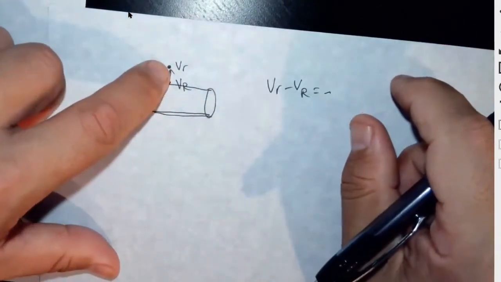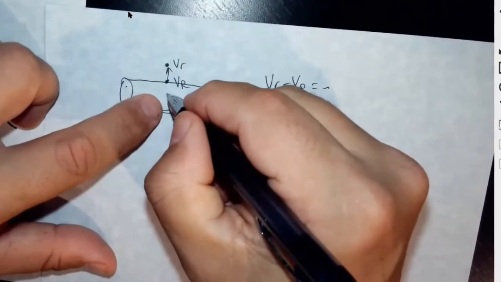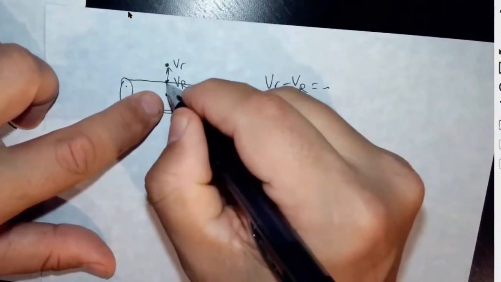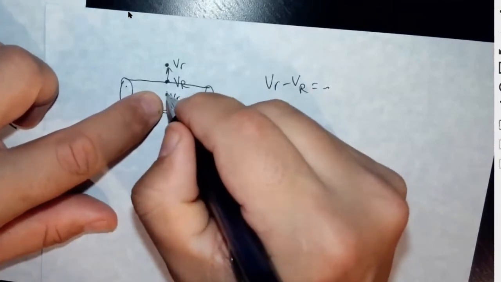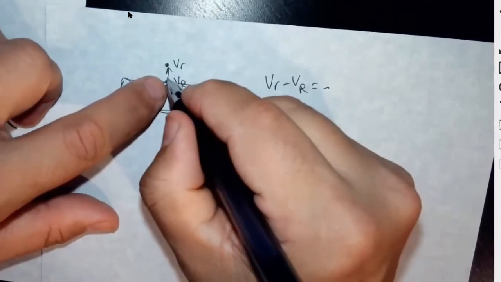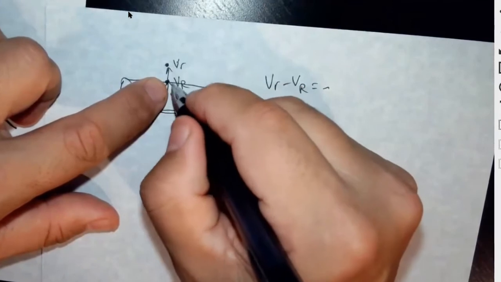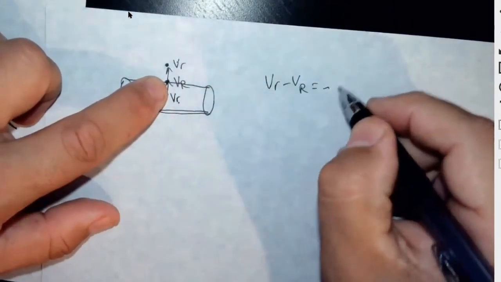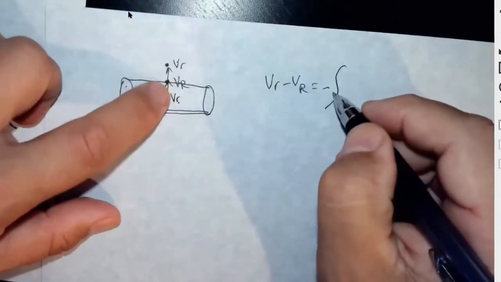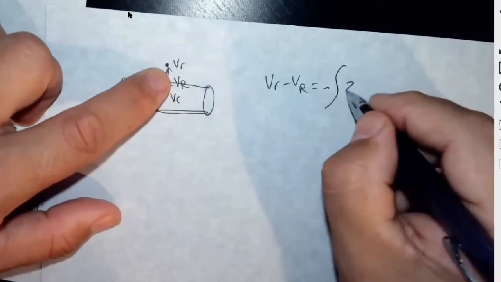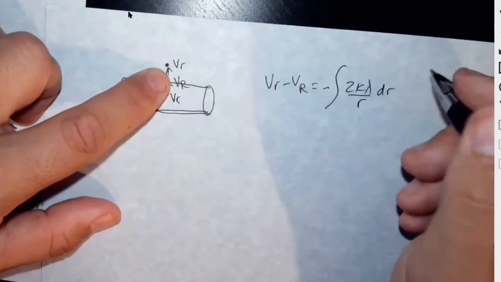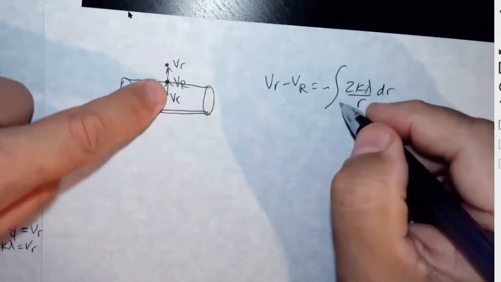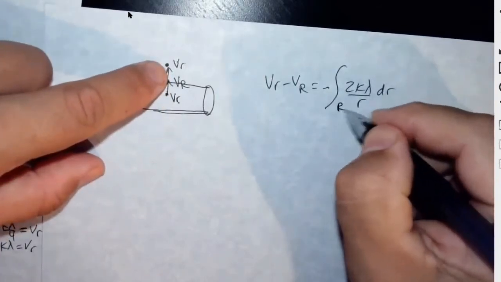So see here, when I was inside, I was integrating V sub big R over V sub r. I was integrating outwards. So now, integrating outward, it's this minus this, which is negative the integral. And what's the electrical field when you're close to the cylinder? 2k lambda over r dr from the big R to the little r, right?